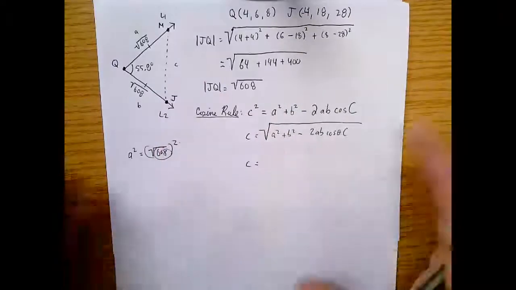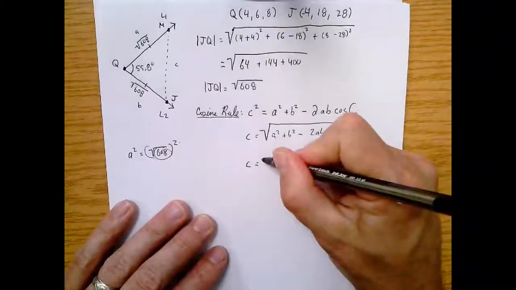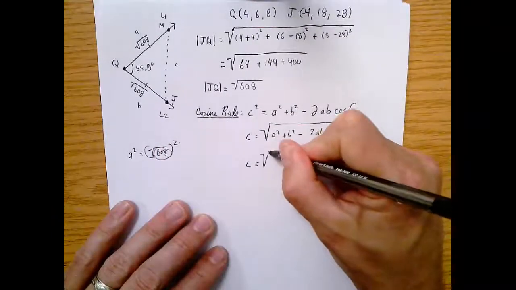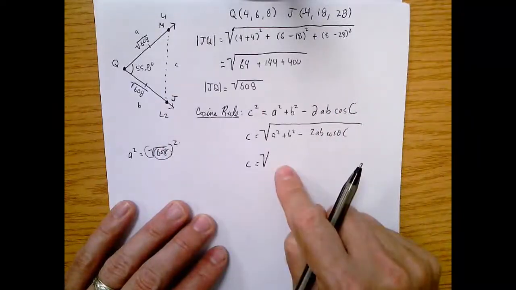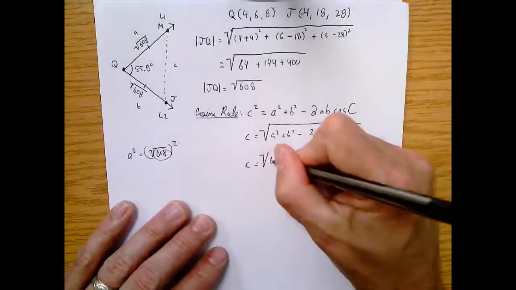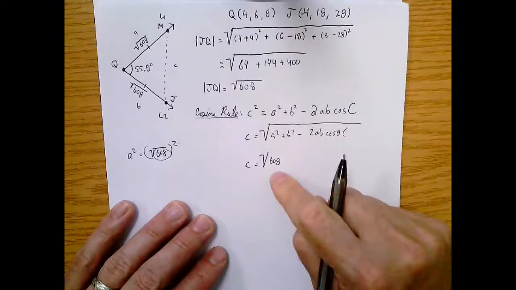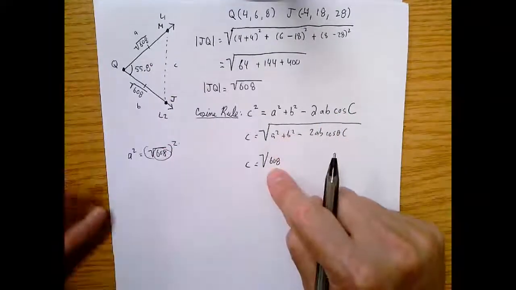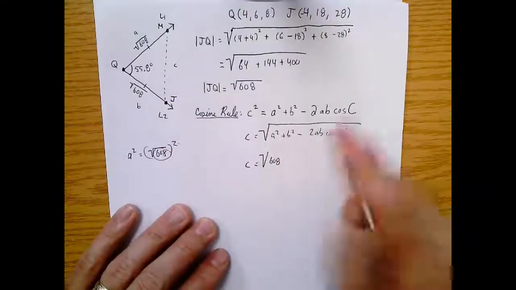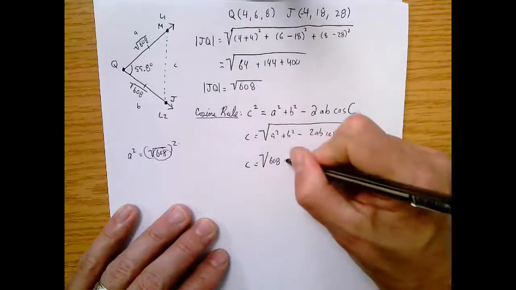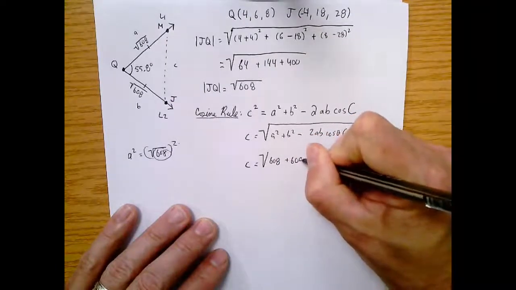So instead of writing all that out and doing a bunch of unnecessary math, I'm just going to write 608, because I could put the square root of 608 and then squared, and it's going to go away anyway. So I got 608. A is the same as B, so I got 608.